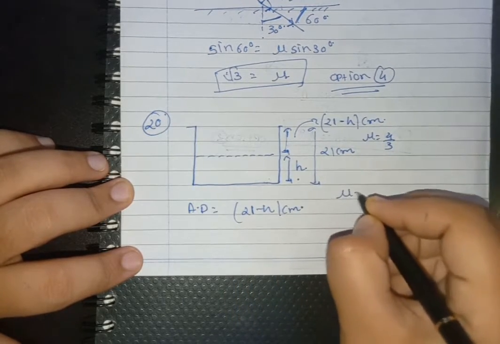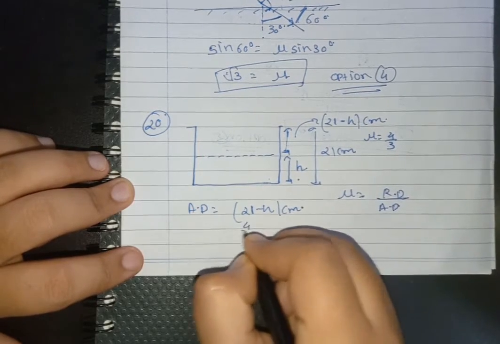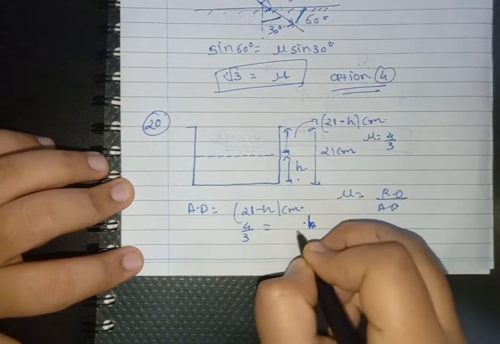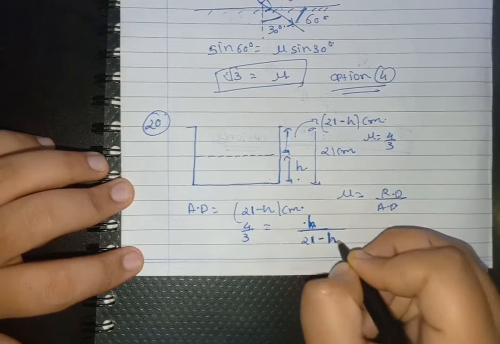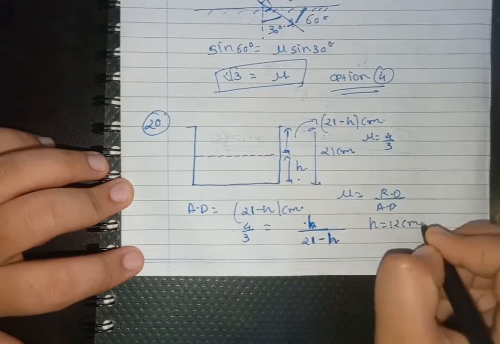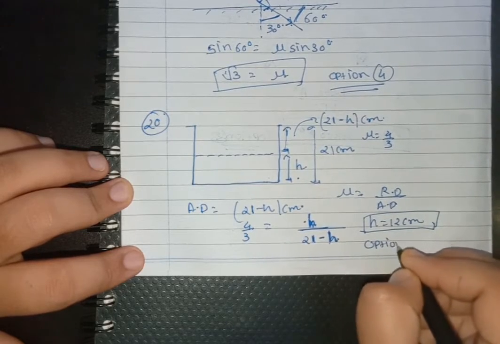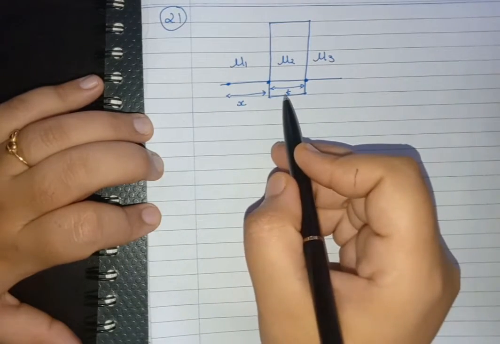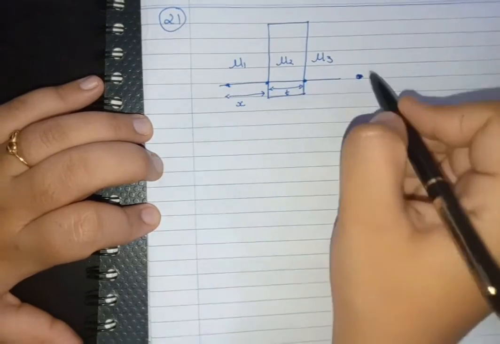The refractive index is given by real depth upon apparent depth. It is given 4 by 3 is equal to real depth h, and it appears to be filled up to height 21 minus h centimeter. Simplifying this for the value of h, we will get h is equal to 12 centimeter. So option 3 is the correct option.